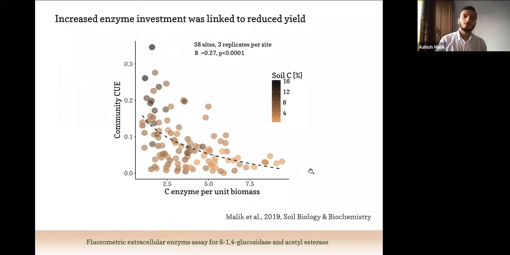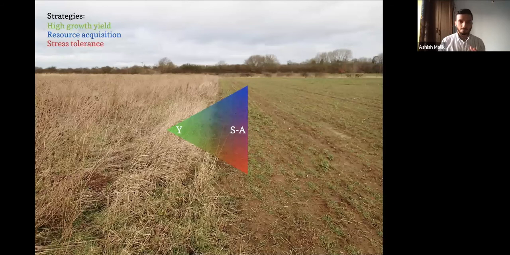So to summarize the work from this particular experiment, we found that in the pristine habitats, the growth yield of communities is higher. And this is because resources are ample, so they don't have to invest into extracellular enzymes. They have transporters, which are probably not that expensive, to take in the substrates that are available as root exudates or breakdown products of decomposition.